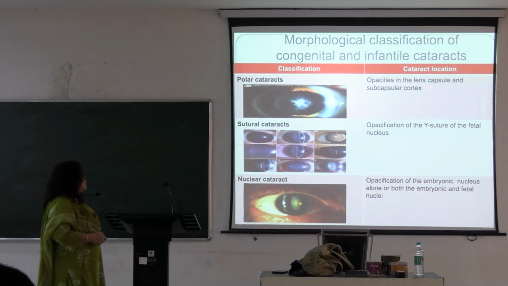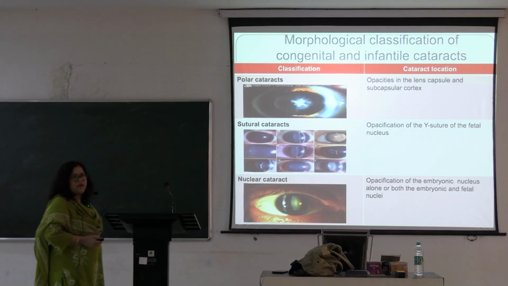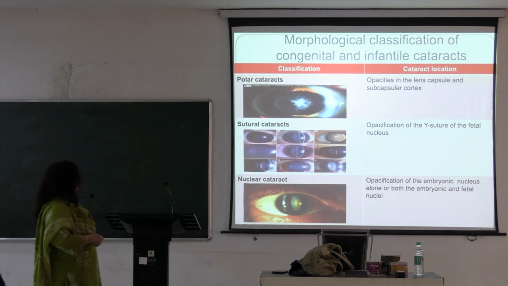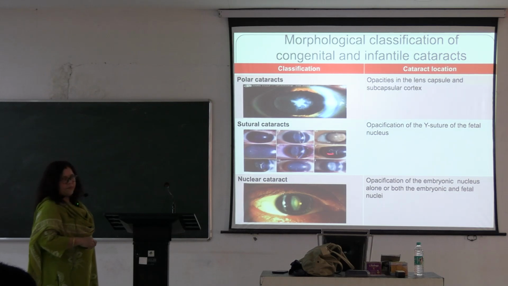Here the lens capsule and a part of the subcapsular cortex are opaque. Then sutural cataract, which I have already told you, appears in a Y-shape. That is the oldest fibers, and these fibers are called the fetal nucleus.